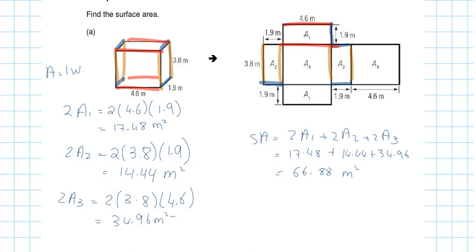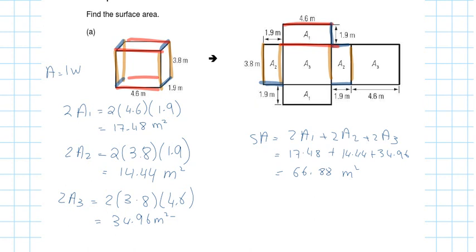All right. Now, if you look at a rectangular prism, right? I have a rectangular prism here. You guys know that the top and the bottom, they're the same. Take the length and the width of 1, multiply it by 2, okay? And then you have the other two sides.